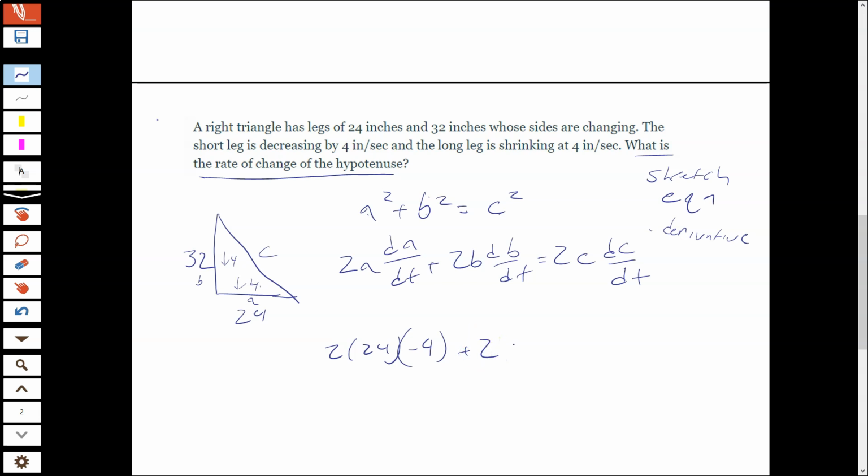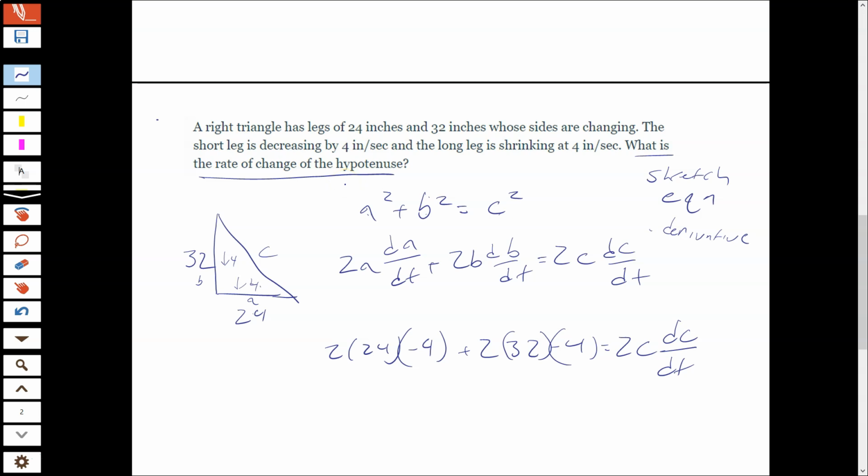Plus 2 times B is 32 dB dt, which is negative 4 also, equals 2C. And I'm pausing. You should be pausing too, because we don't know what C is, right? So we'll leave C alone for now. And we'll say dC dt. Remember, that's what we're trying to solve ultimately, is the rate of change of the hypotenuse. Okay.